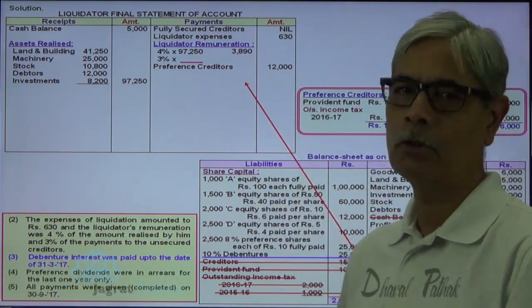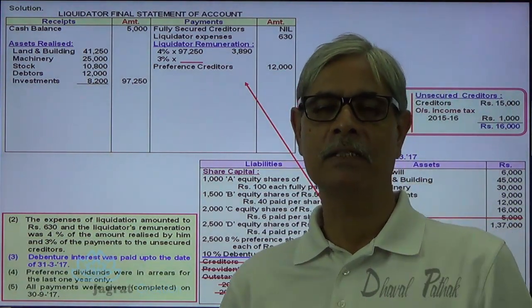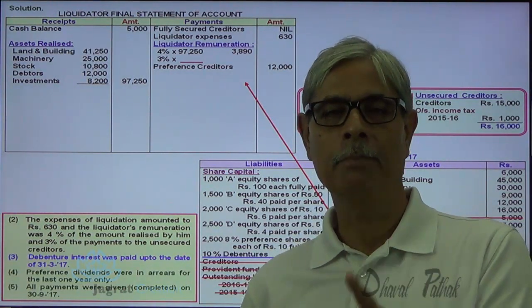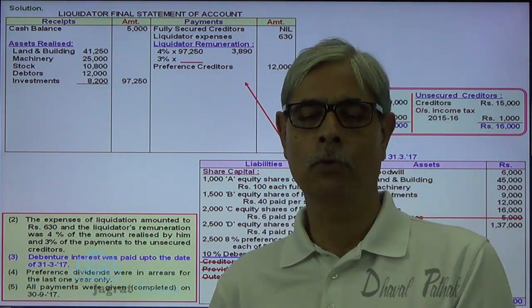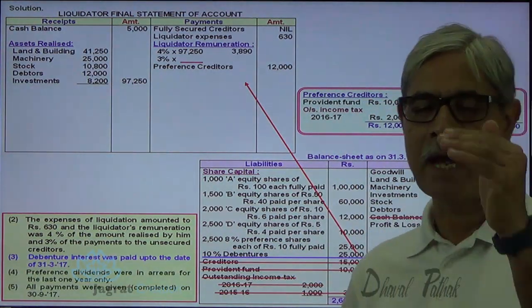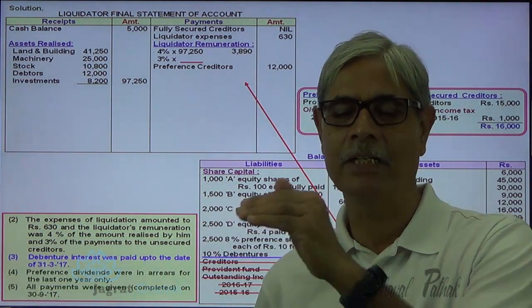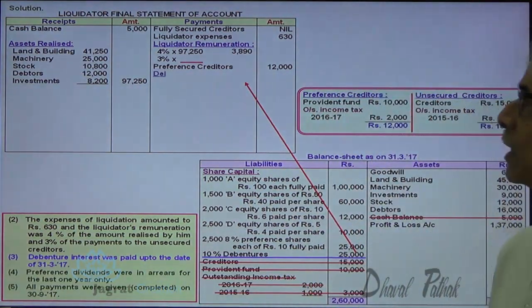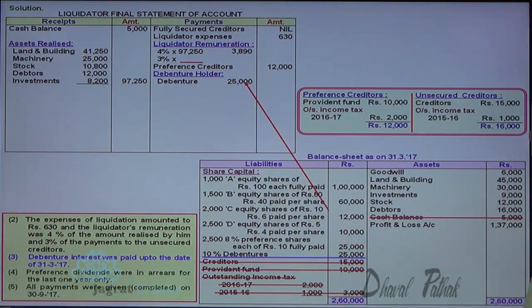So debentures are to be paid in priority to the unsecured creditors, because debenture holders hold a floating charge over the assets of the company. So after preferential creditors, we are required to pay debenture holders. So debentures at face value.